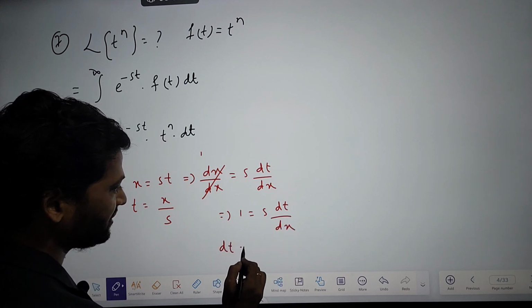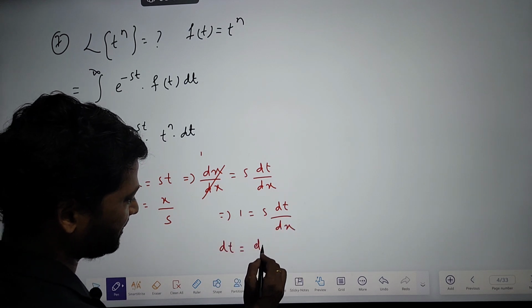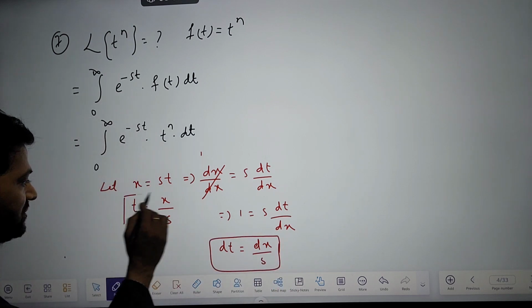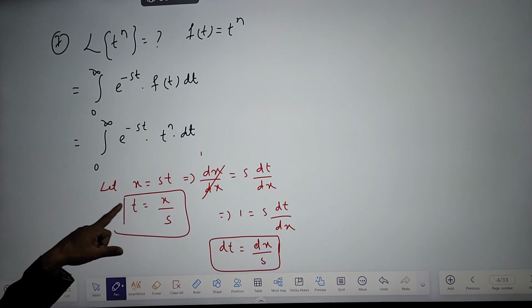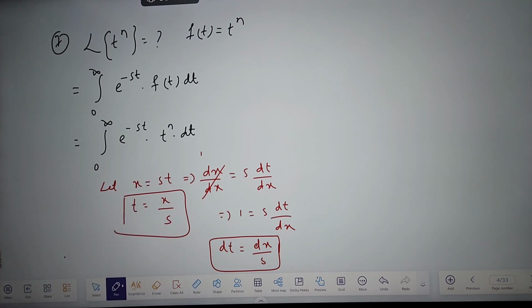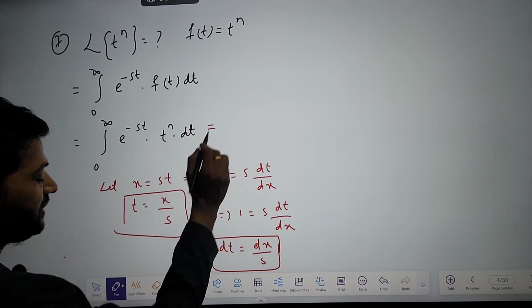So what is dt here? dt is dx by s. Why am I doing this? Because we need to put that expression of t in terms of x.